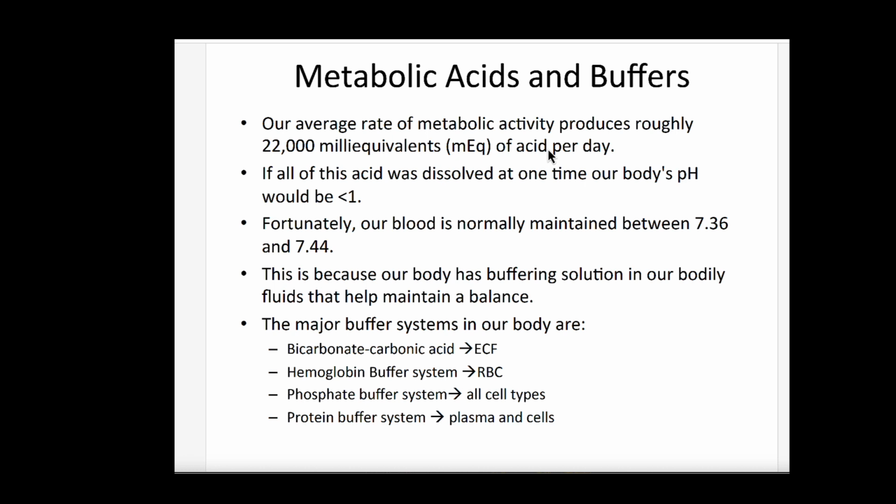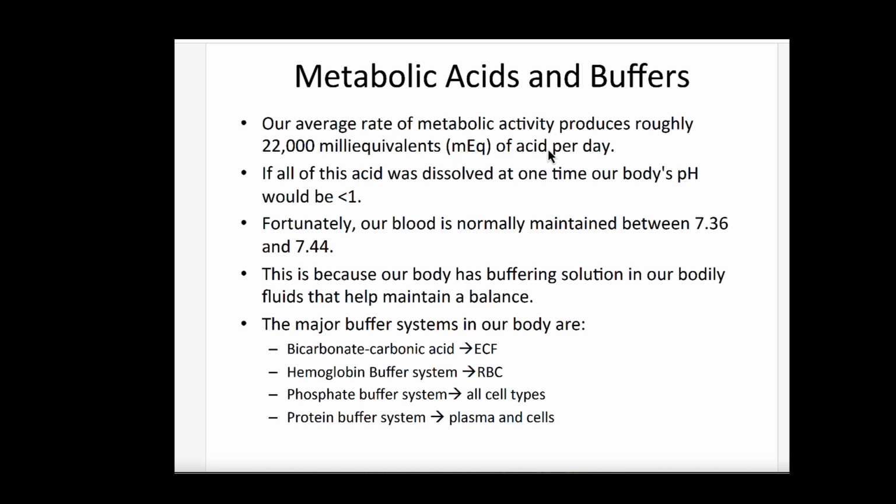Until all of the acid produced from metabolism can be excreted as CO2 in expired air, i.e. through breathing, or as ions in the urine, there needs to be buffering internally within our bodily fluid. So there has to be a way to buffer all of that to help maintain the pH.